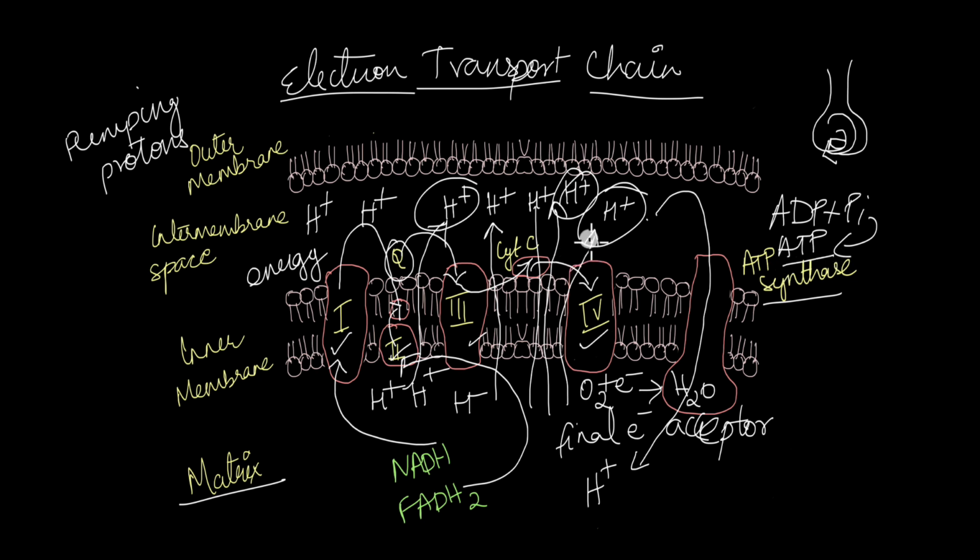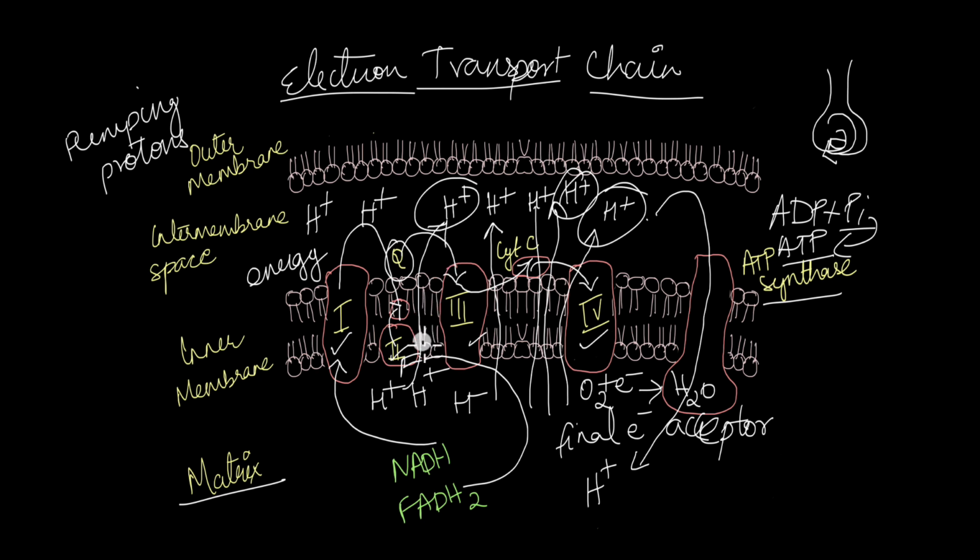That is why protons are pumped into the intermembrane space, so that they can be brought back into the matrix through ATP synthase, and the energy that is produced by the transport of these protons is used to catalyze the reaction between adenosine diphosphate and inorganic phosphate to give adenosine triphosphate.